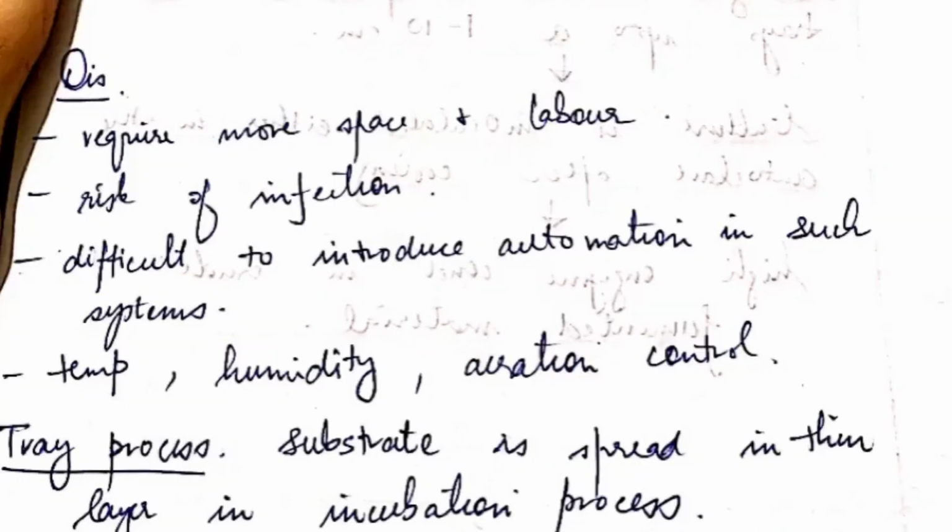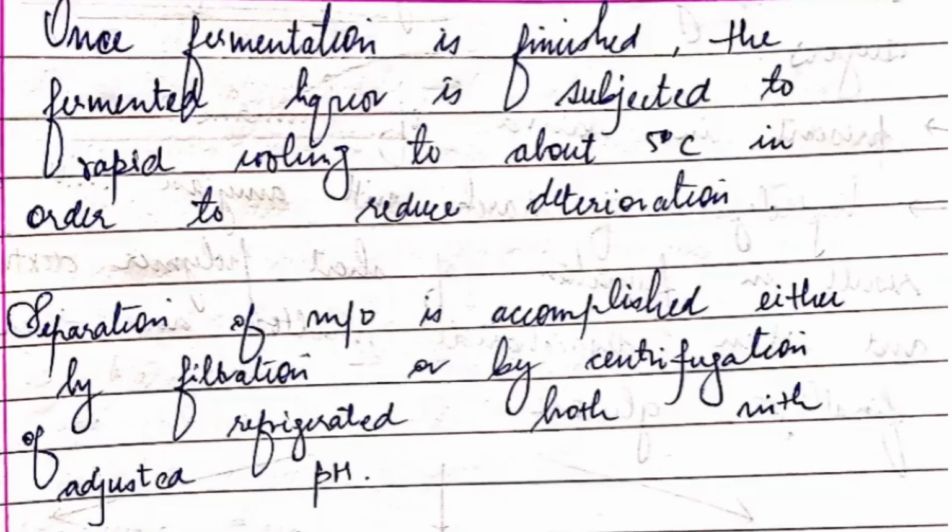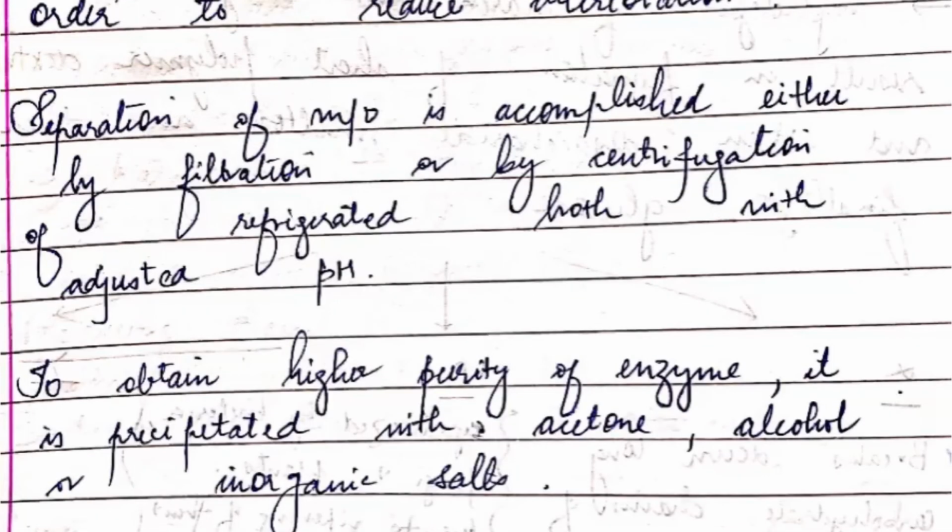And once the fermentation is done, the fermented liquor is subjected to rapid cooling to about 5 degrees Celsius in order to reduce the contamination. The separation of microorganisms is accomplished either by filtration or by centrifugation. And to obtain a higher purity of enzyme, it is precipitated with acetone, alcohol, or inorganic salts.